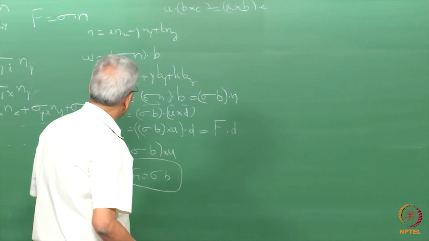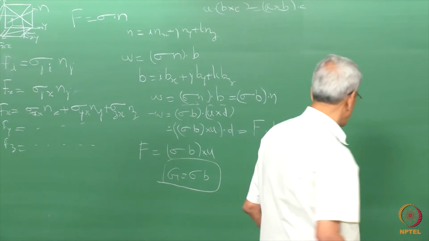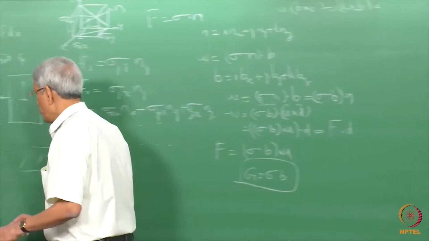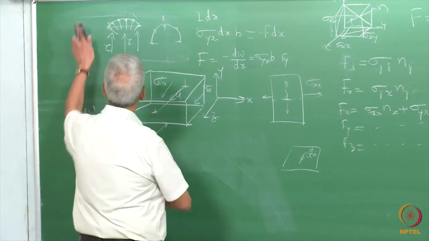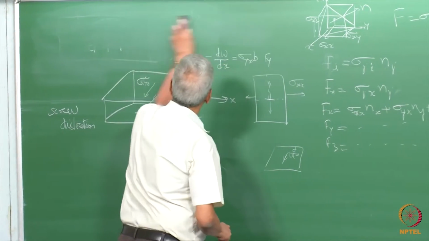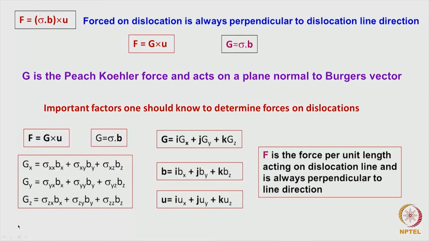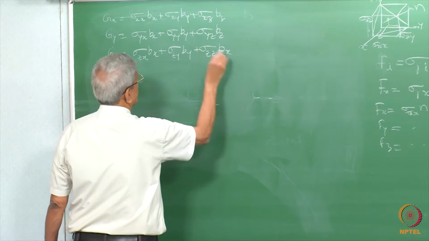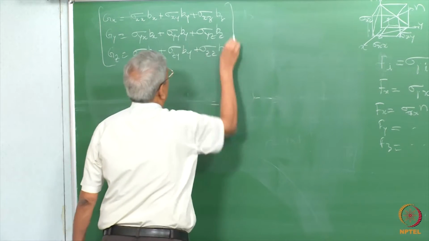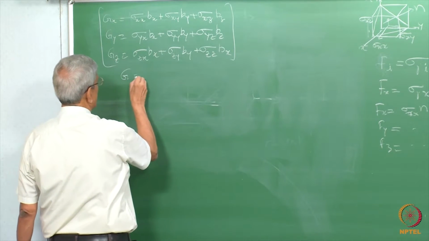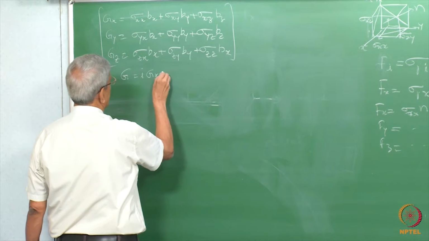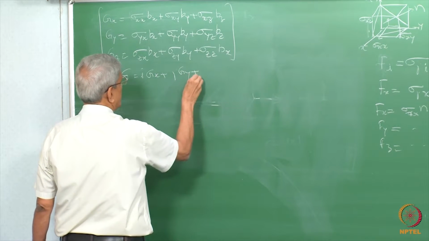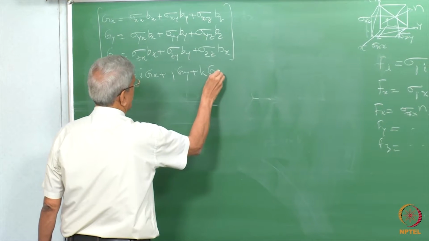So essentially, I will just write it down because I consider that this is one of the most significant expressions, because it will be required further to look at various cases. The stress is sigma with components, and g equals i into gx plus j into gy plus k into gz.